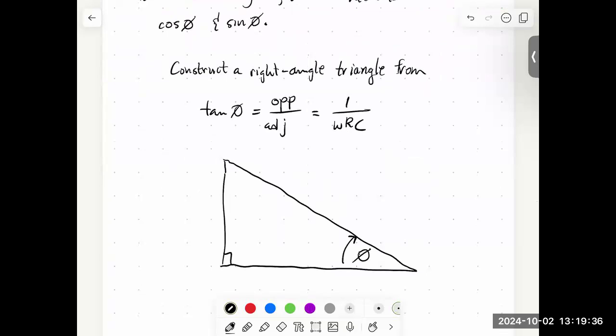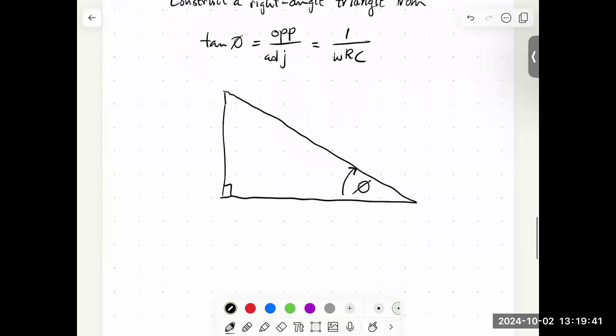The adjacent side, we're going to make omega RC, and the opposite side we'll assign a length of 1. That allows us to calculate the hypotenuse, opposite squared plus adjacent squared, square rooted. So it must be the case that this is equal to 1 squared, which is 1, plus omega RC squared, and then take the square root of all of that.